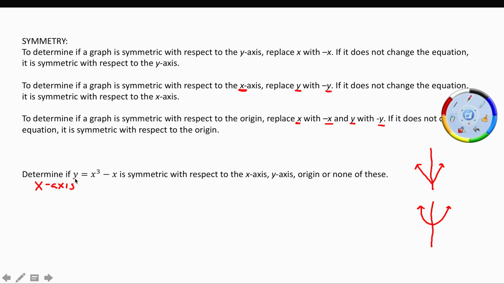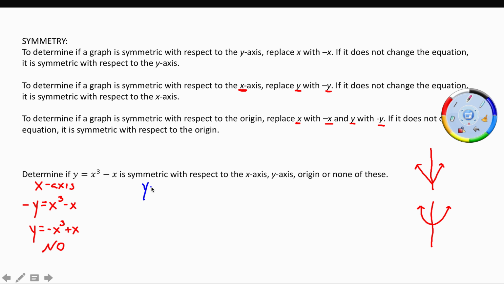So in this equation, I'm going to make this negative y equals x cubed minus x, and then solve it back for y. So multiply everything through by that negative. Y equals negative x cubed plus x. Is this exactly the same as that? Nope. Well then no, it's not symmetric to the x-axis.